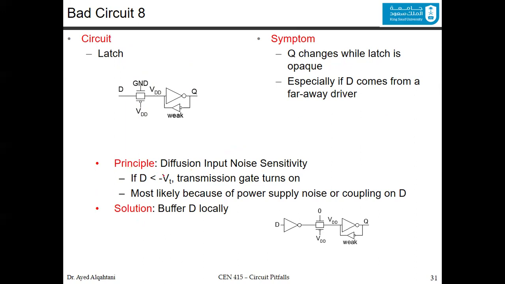If D is less than minus V threshold, the transmission gate turns on, most likely because of power supply noise or coupling, because you have no idea where D will come from exactly. So the solution: buffer D locally, meaning adding this inversion. If you add it, then you'll solve it.